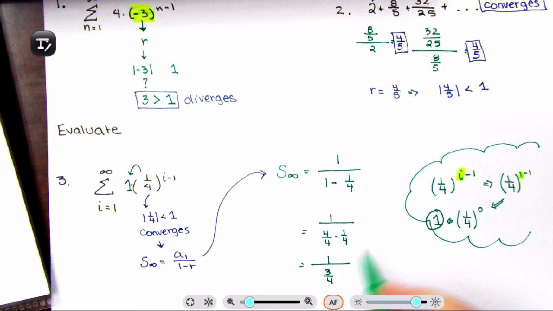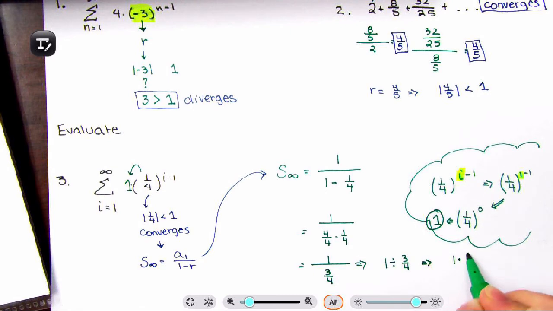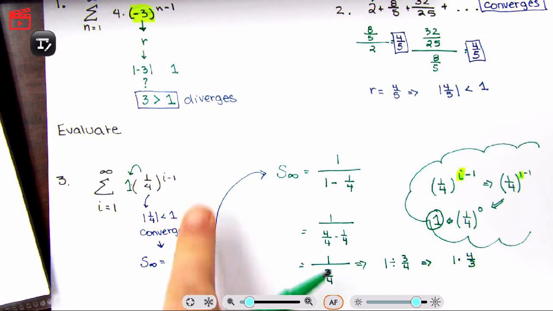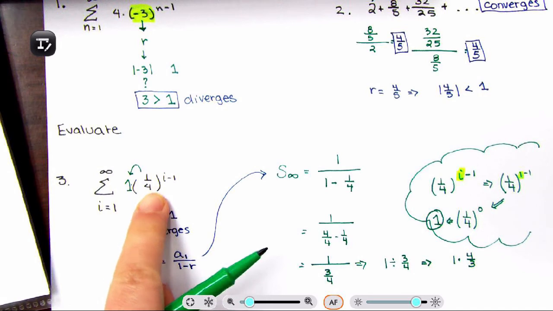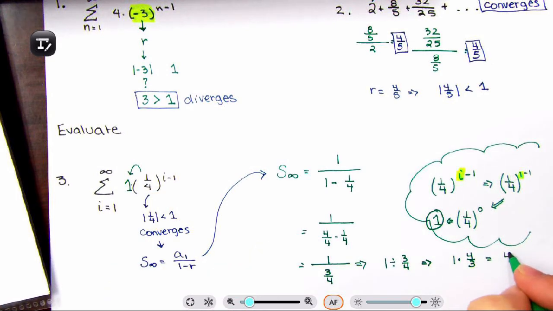And this just says 1 divided by 3/4, which is the same thing as saying 1 times 4/3. Again, take the reciprocal or just use a calculator. Keep in mind, this is a fraction, so do not give me a decimal answer. Only decimals with decimals, fractions with fractions. So that means we converge to 4/3, and that's going to be our answer.